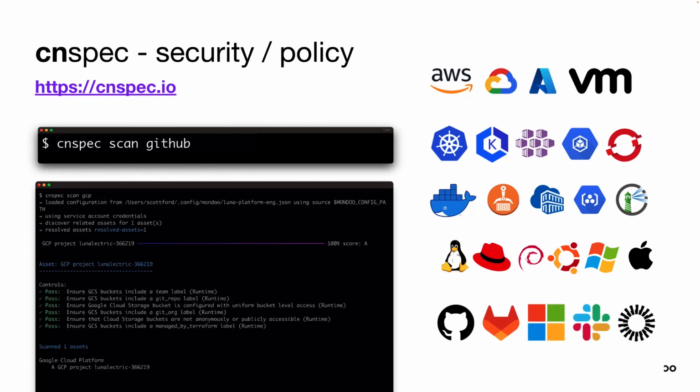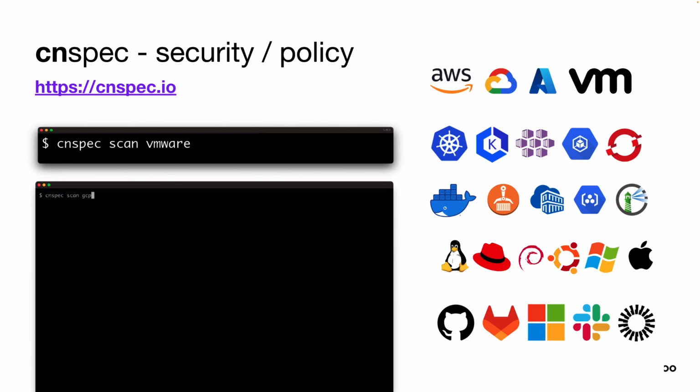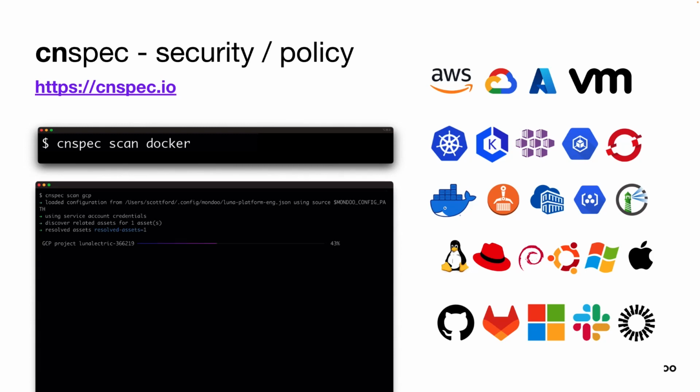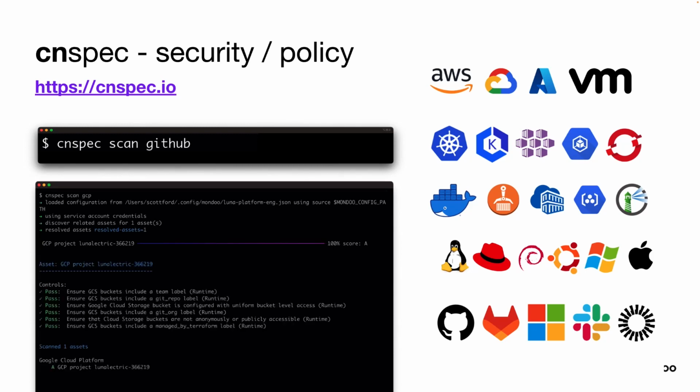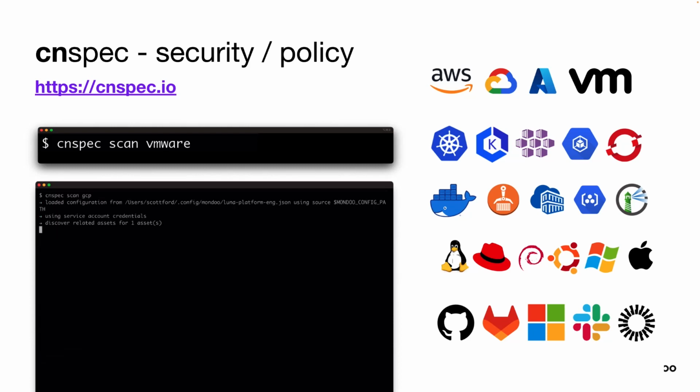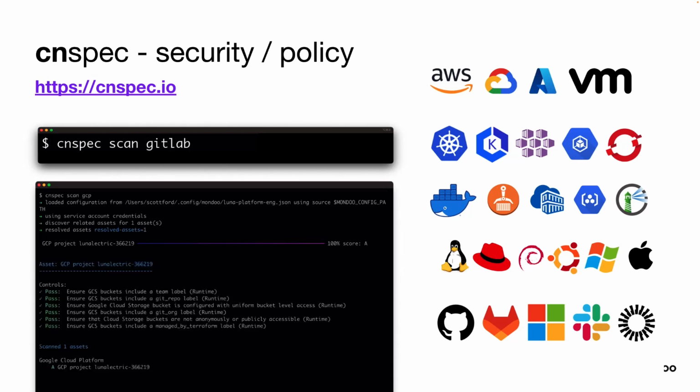And also, cnspec works with SaaS security solutions, so finding the misconfigurations in platforms such as GitHub, GitLab, Microsoft 365, Slack, and Okta. We even have connectors for on-prem networking equipment, too. So there's just a ton of possibilities with it.